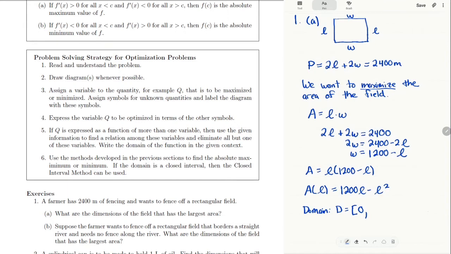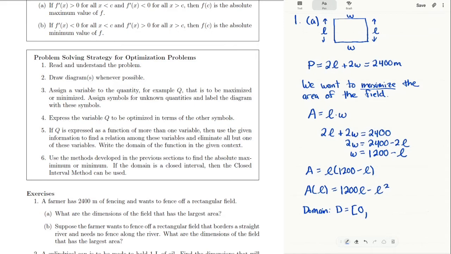Now, what is the largest value of L that we can use? So we know that L is going to be the length of one of the sides of the field. And we are restricted to 2400 meters of fencing.